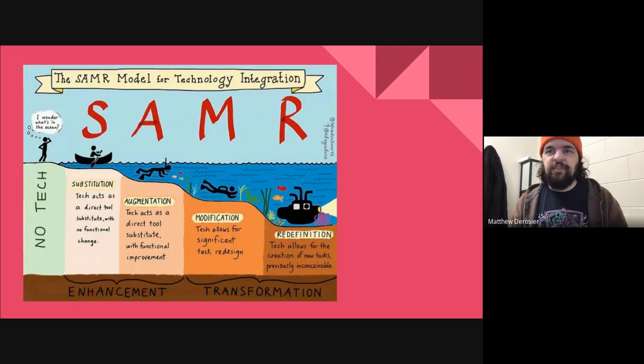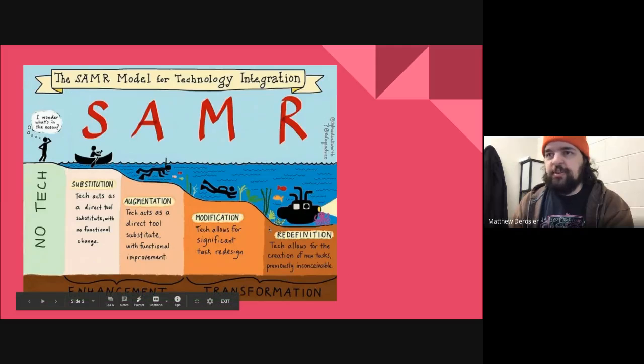Fundamentally, you're still doing the same lessons, but it's making it easier for you to deliver that content more quickly, or it's making it easier to provide accommodations for students with particular needs, particular learning demands. These are things that just make what we already have been doing a little bit easier.